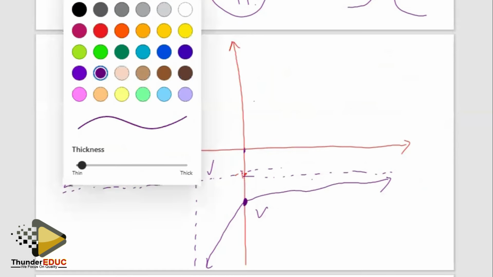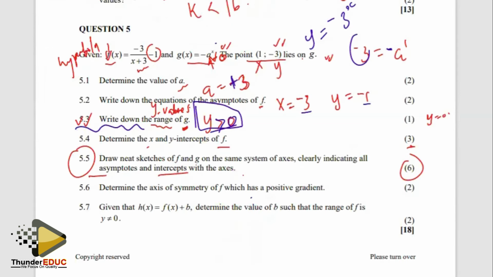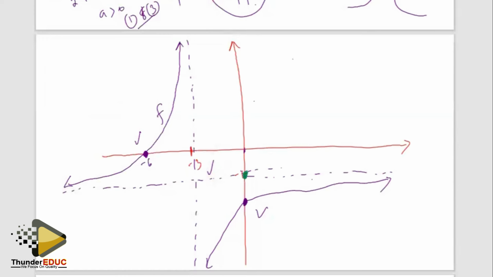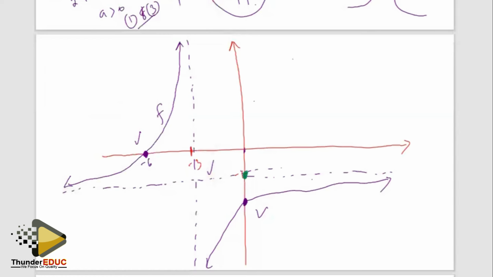Let me use a different color. Then if X is a 2, Y a 2, let's use a 3. If X is a 3, Y even a 3, just a 1, positive 1. If X is a 1, Y is -3, somewhere there.